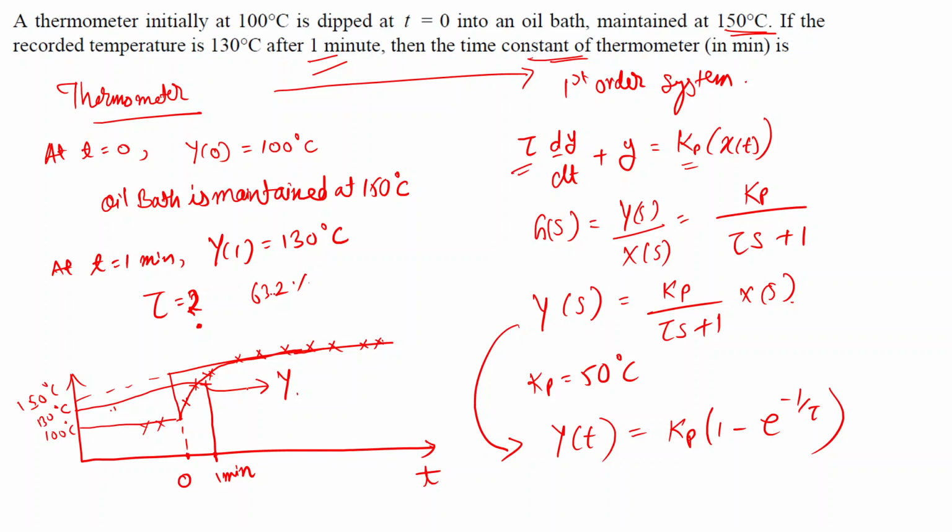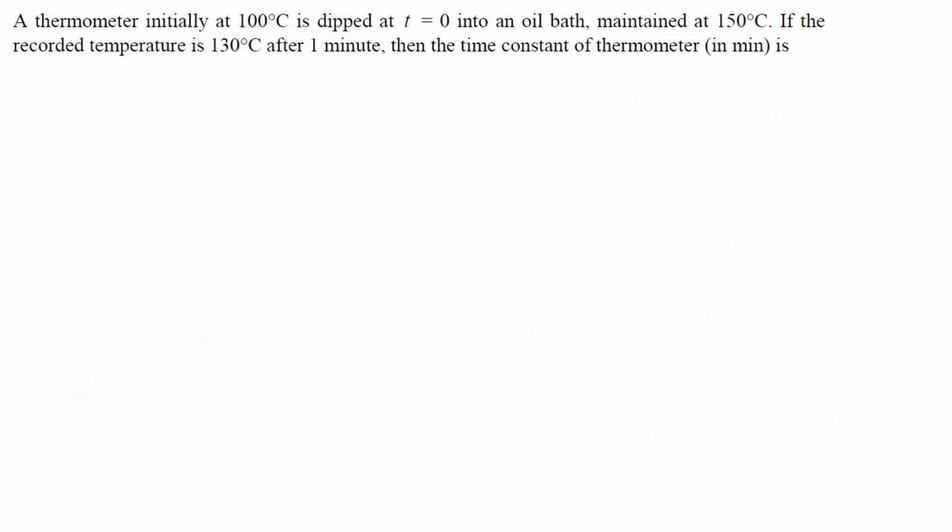Since we were giving a step input, our input transform would become A by s, where A in this case is 50. It will become 50 upon s. So you can also write this as A into 1 minus e raised to minus t upon tau, where A is this difference. Okay, so now let's use this equation.